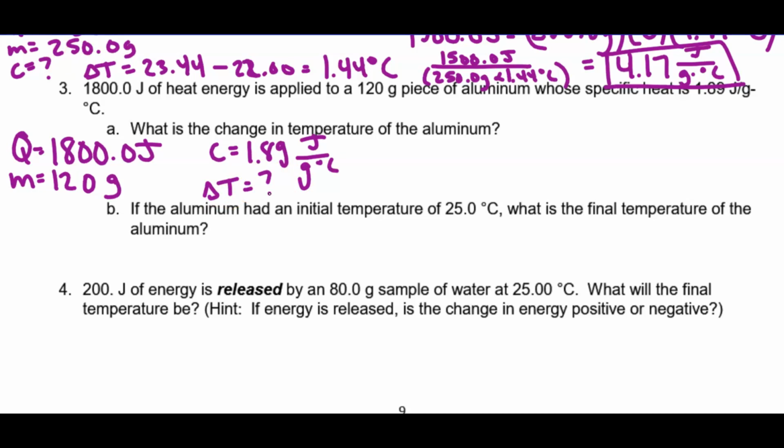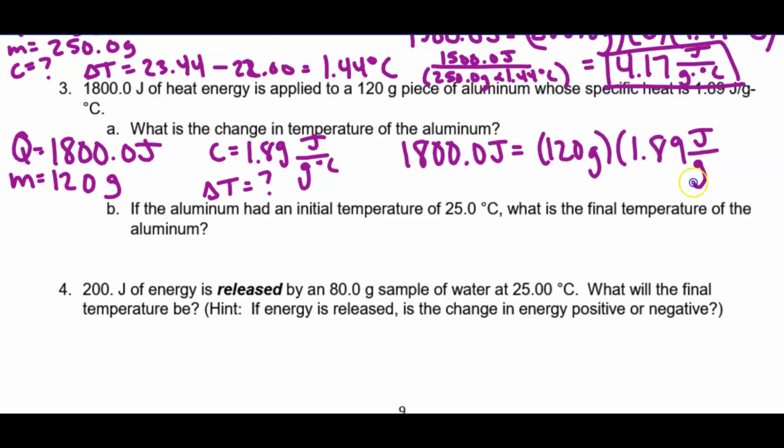The change in temperature. So we're solving for that change in temperature. Let's take 1,800 divided by 120 times 1.89.